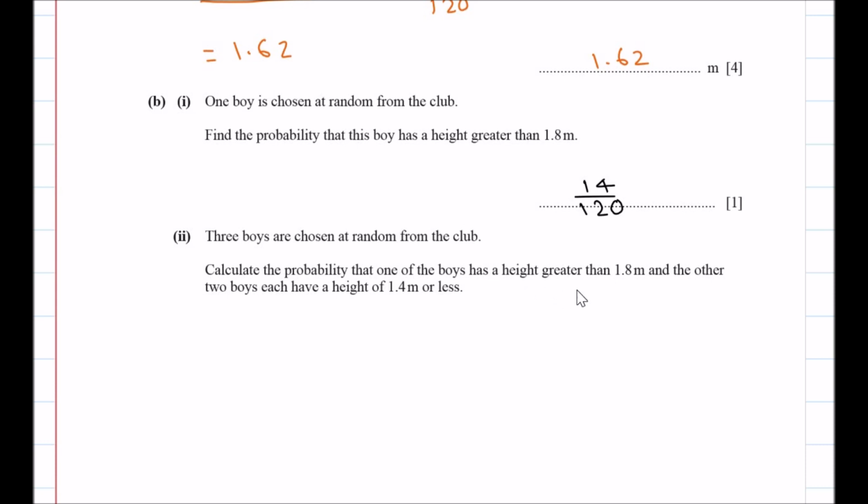One boy greater than 1.8, the probability for this will be 14 by 120, into. Now two boys have a height of 1.4 meter or less.